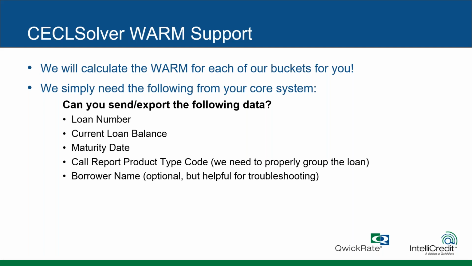We need some slightly different data for credit cards and lines of credit, but it's just a way of making sure that we can map your data correctly. We also need some sort of loan key from you, but any kind of support that you need, you have from myself, you have from Steve, you have from what we call our QA team.